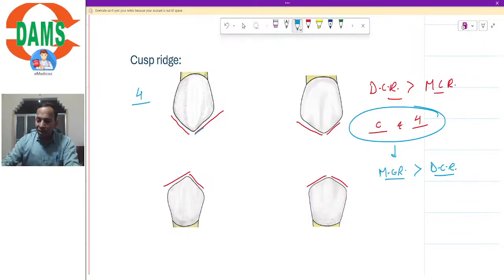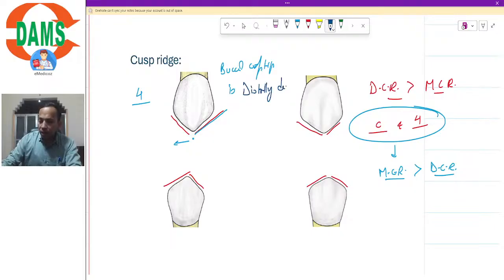So since the mesial cusp ridge is longer, the cusp tip is slightly distally deviated, isn't it? In the case of the maxillary first premolar, the buccal cusp tip is distally deviated as compared to its lingual cusp and as compared to all the other premolars.